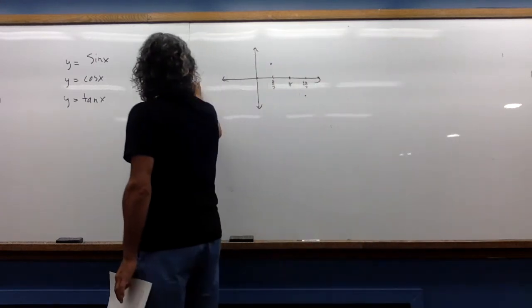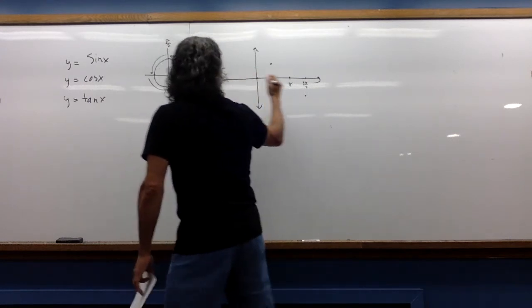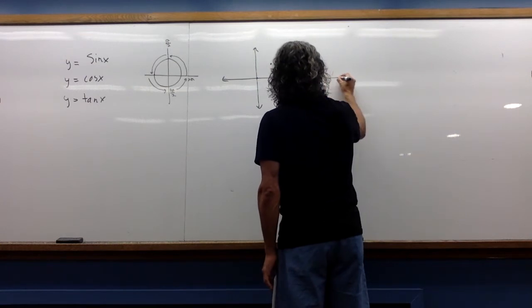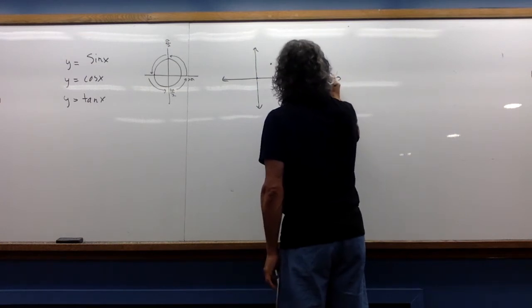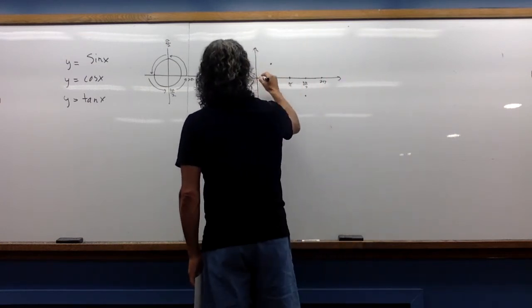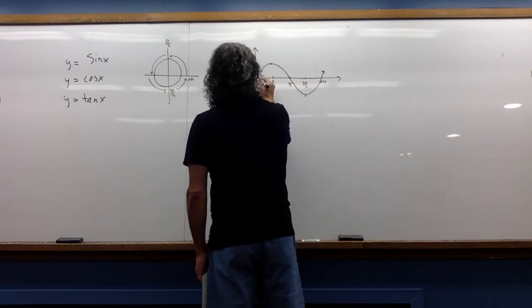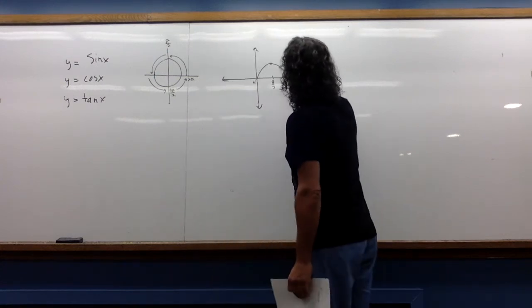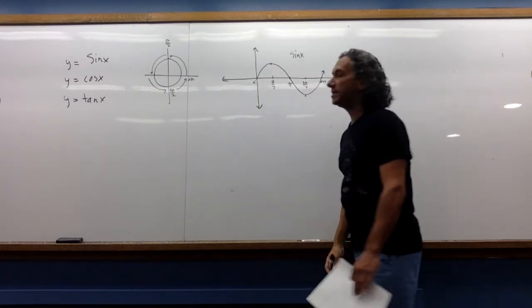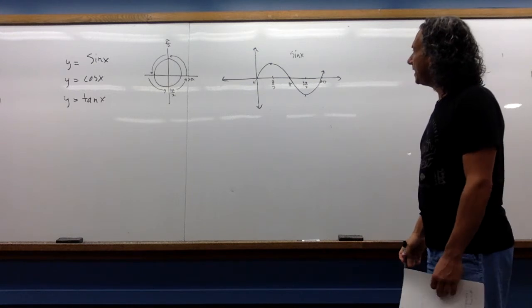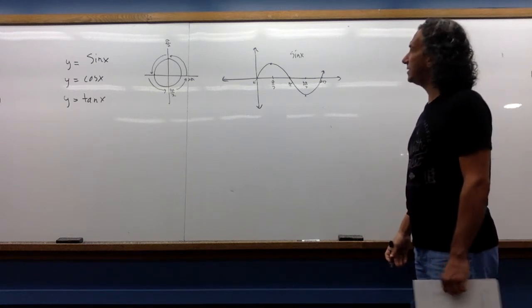Finally, at 2 pi, we're back home to 0. So I can just connect the dots, and boom, there's my sine curve. The process repeats over and over again. Sine is what's known as a periodic function. It's got a cyclic nature to it.